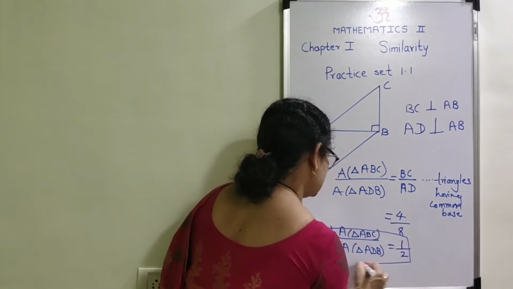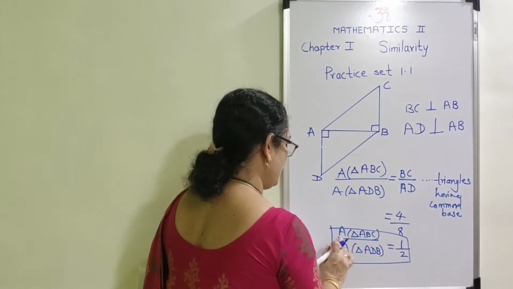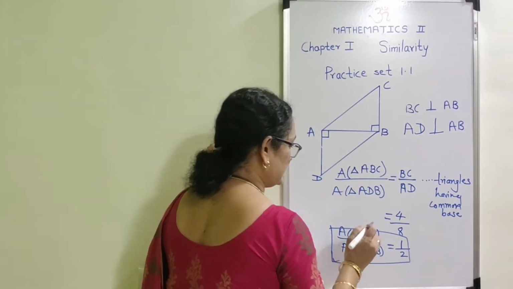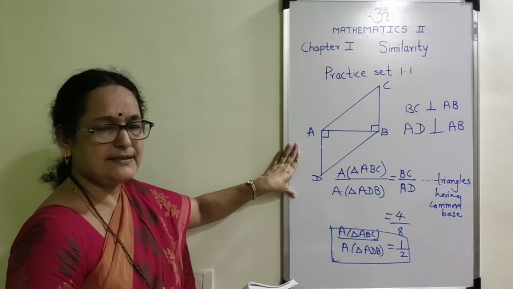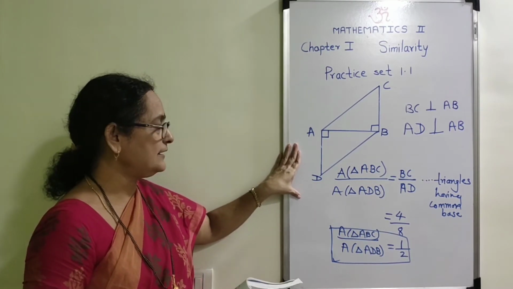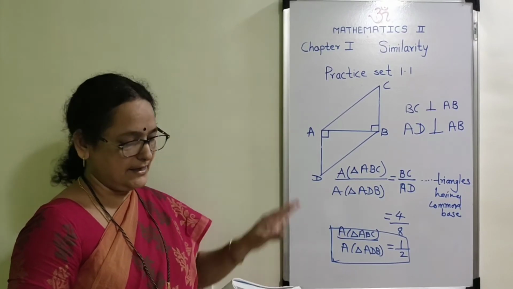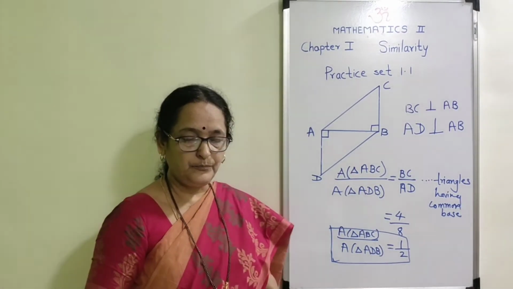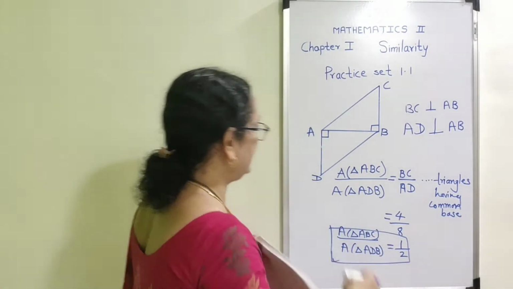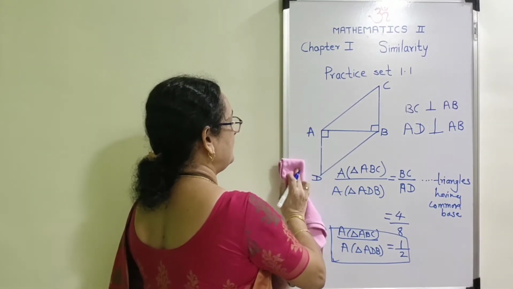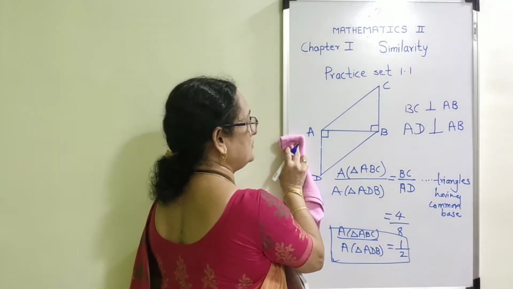Write the final answer carefully and write your answer always inside the bracket. This example is included, I have already cleared that this example is included many times in SSC board examination. Now we are going to complete the third example from practice set 1.1.